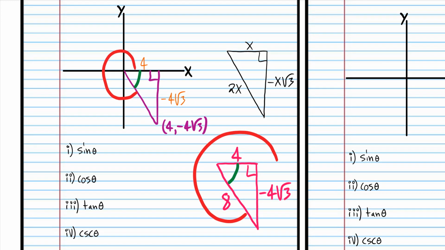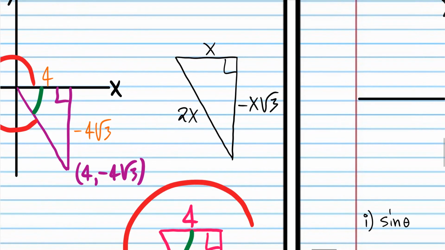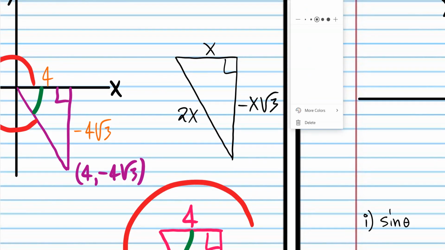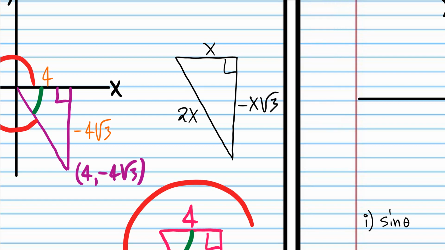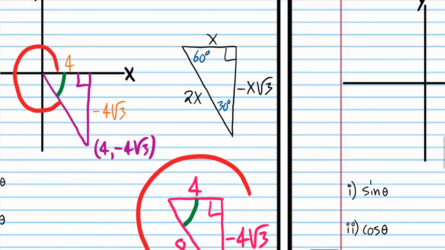If this side is 4 root 3 and this side is 4, then we know that the green angle is either a 30-degree angle or a 60-degree angle. So look at these angles inside here. This angle must be 30 degrees, it's opposite x, and this angle must be 60 degrees.